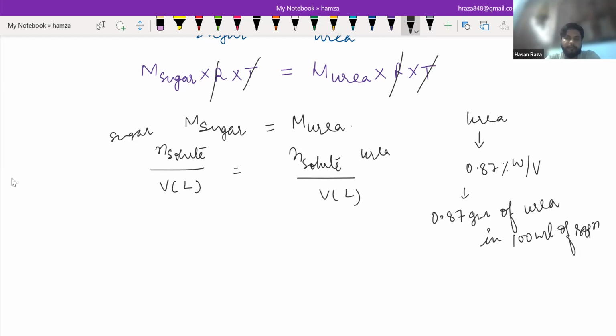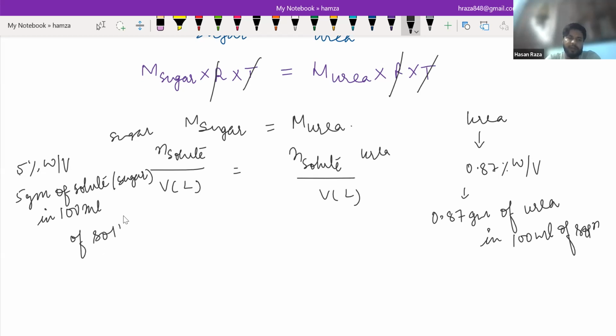In the same way, it was 5% weight by volume, that means 5 gram of sugar in 100 ml of solution. So you can see both have the same volume, 100 ml and 100 ml. So it will be cancelled, and what we have left is number of moles of sugar is equal to number of moles of urea.